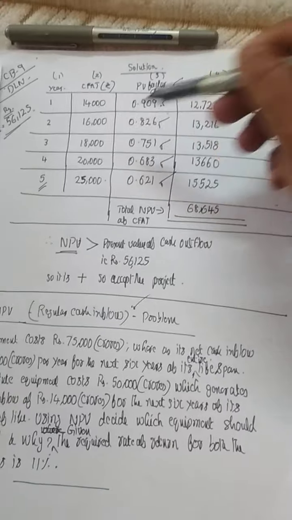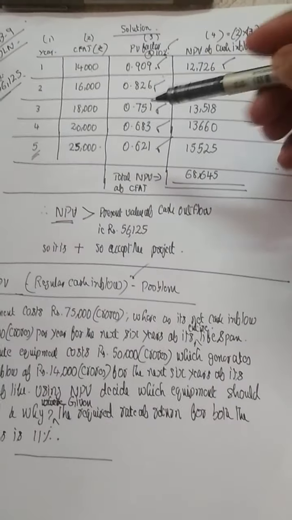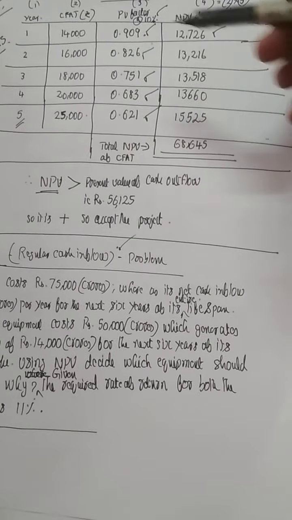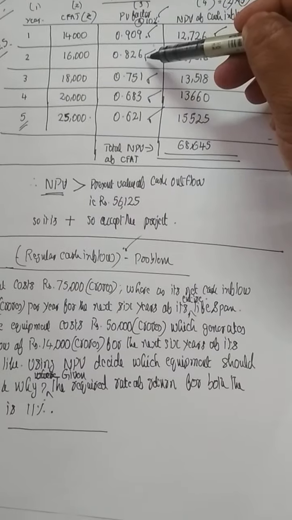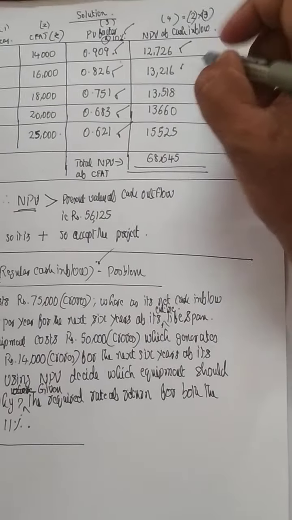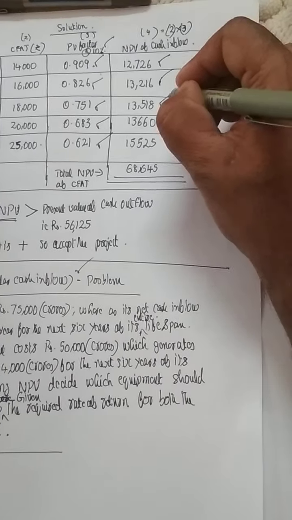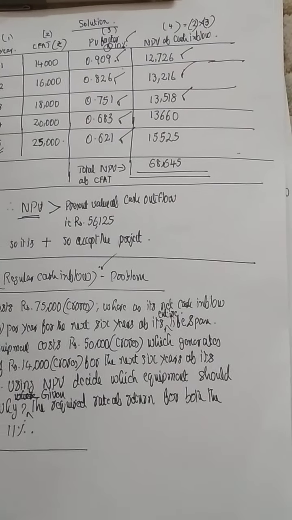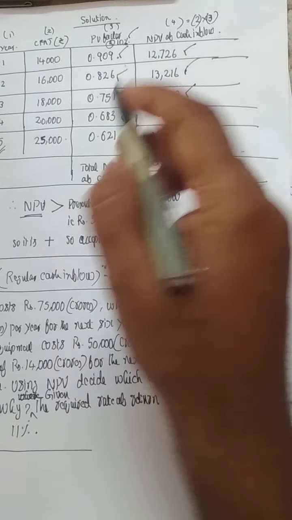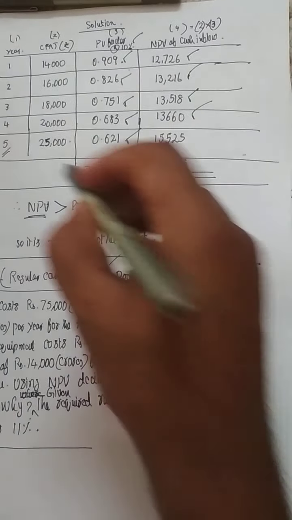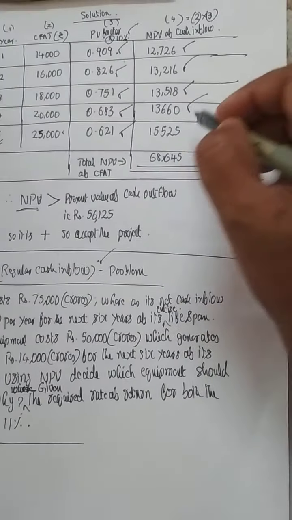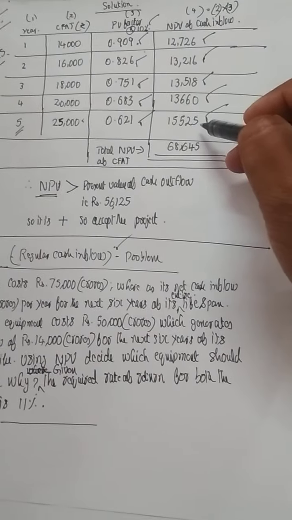Like that we calculate for all 5 years of the entire lifespan of the project. 16,000 into the factor, we will get 13,216. 18,000 into 0.751, we will get 13,518. 20,000 into 0.683, we will get 13,660, and 25,000 into 0.621, we will get 15,525.